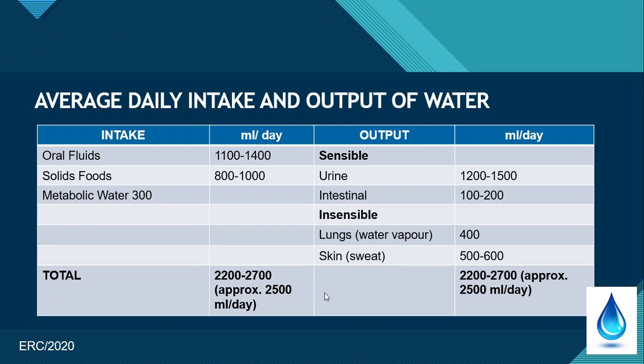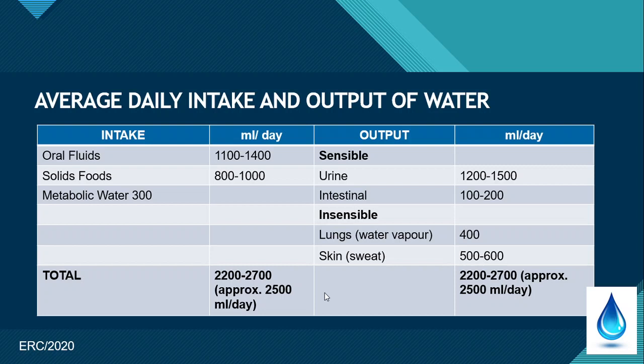Okay, for the output, for the urine output, you have approximately 1,200 to 1,500 ml per day, and for the intestinals you have 100 to 200. For insensible losses, the lungs through water vapor, as I have said, the water losses through respiration by water vapor.